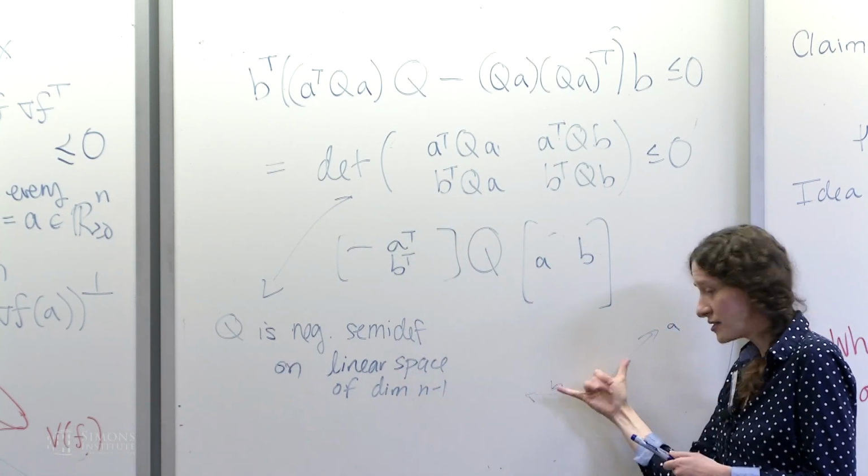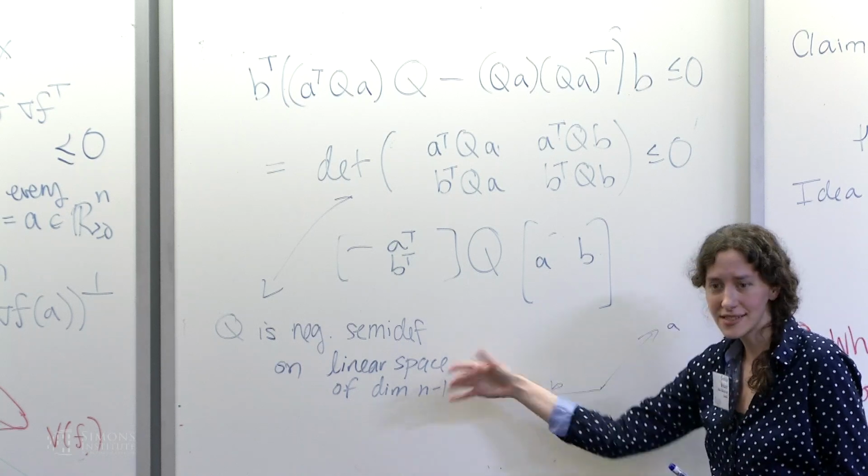Then whenever you take a two-dimensional linear space, you're going to intersect this, and you're going to get a negative.